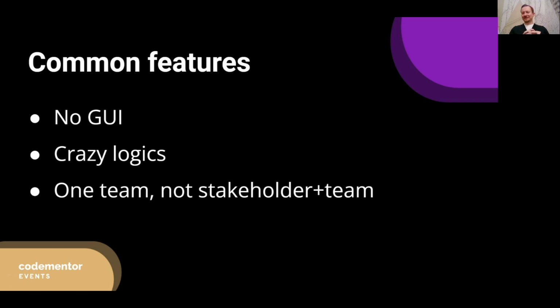So you will have to limit the analyst's imagination. And analysts and developers should work as one team. External stakeholder approach may work for products that are made for external users, but not for analytical projects.